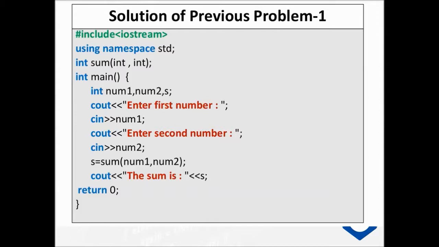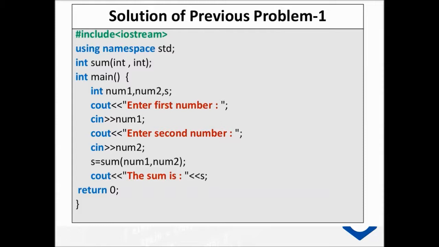Then we want to display the sum of number1 and number2 in the main program. So we write cout the sum is, and we display the sum of our two variables here.